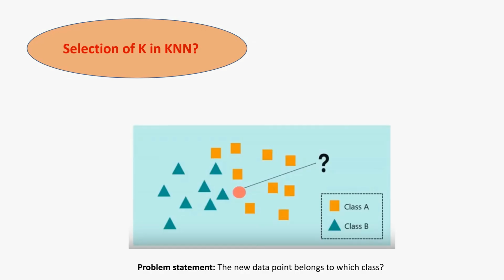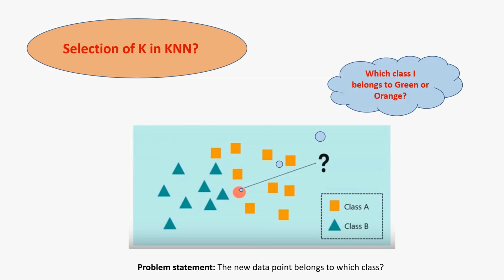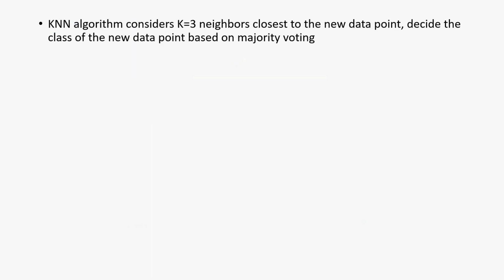Now, how to select K in KNN. Here we have to find out what is the class of this unlabeled data. In the first step, the KNN algorithm considers K neighbors closest to the unlabeled data, that is the new data point, and decides the class of the new data point based on majority voting.